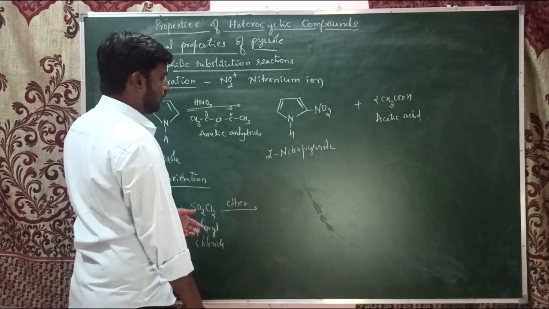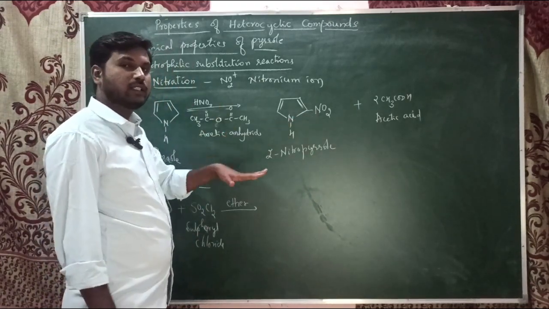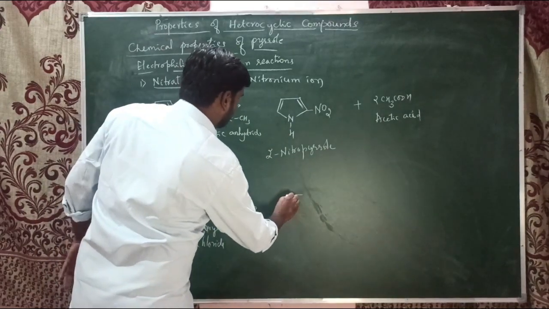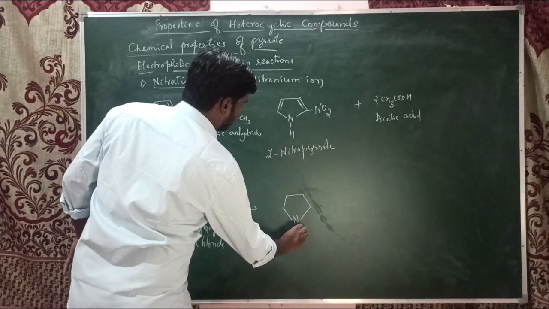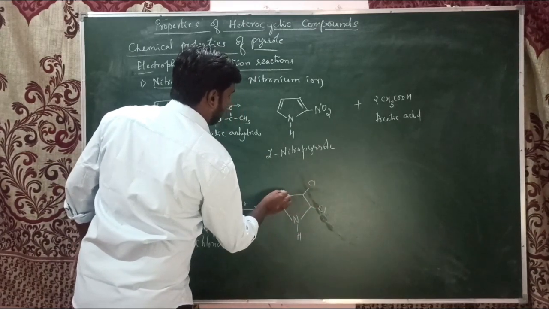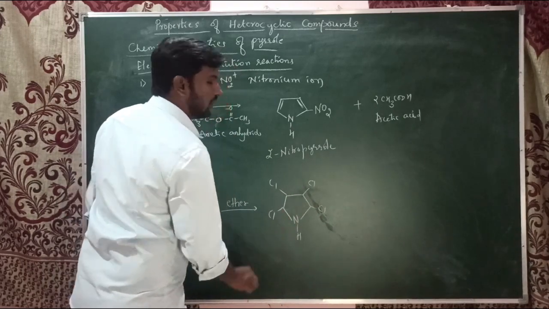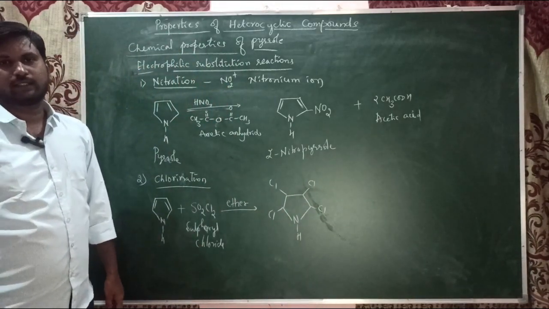Hence, instead of chlorination just taking place at the second position, the chlorination occurs at all the positions, irrespective of priority, whether second or fourth. So it is readily undergoing electrophilic substitution reaction.